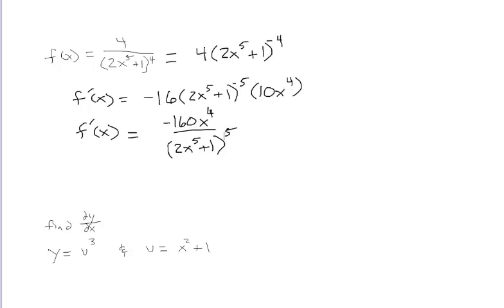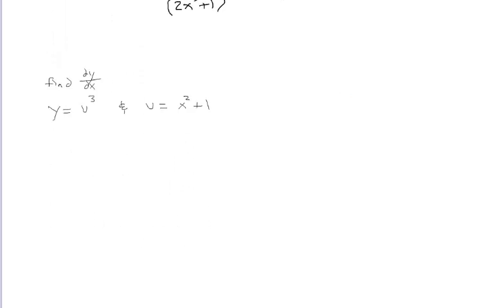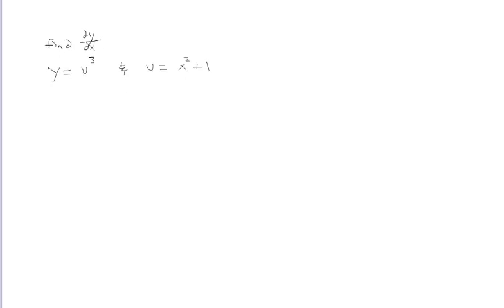Now here in this last example, this is where I want to illustrate the other notation that we had up there. So we want to find dy dx. So up there we talked about dy dx being equal to dy du times du dx. So here, dy du means take the derivative of the y equation with respect to u.